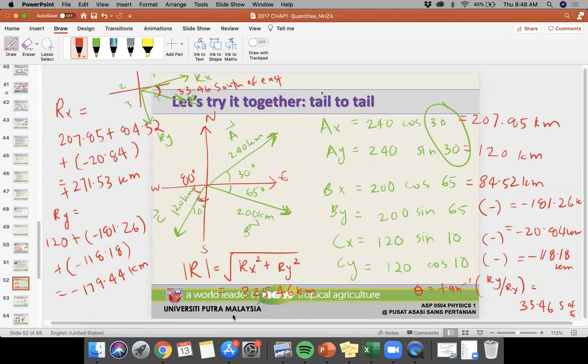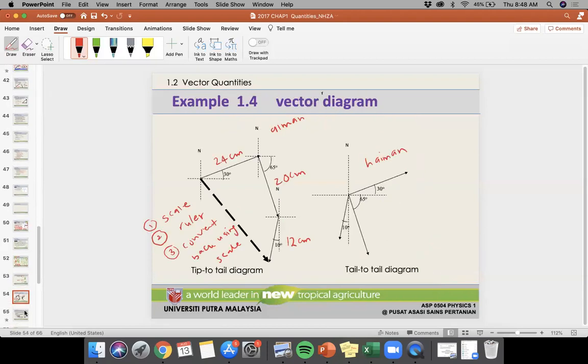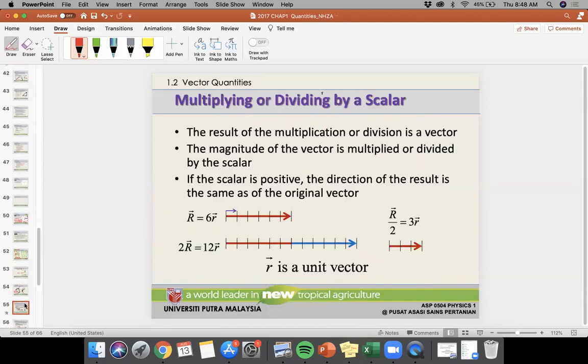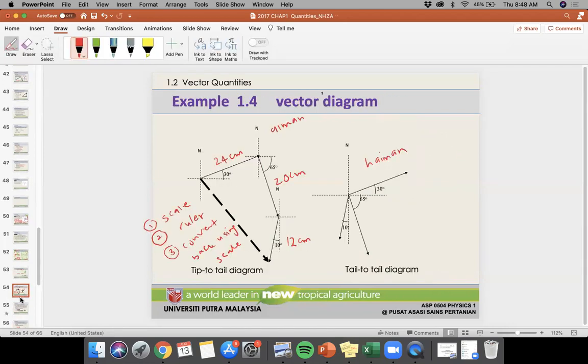The answer is 325.46. Let me open it. Okay, it's here. Using a ruler I get 32.54 centimeter.